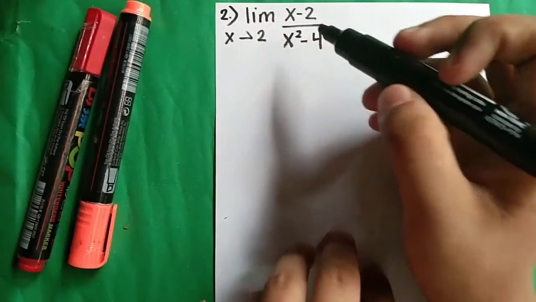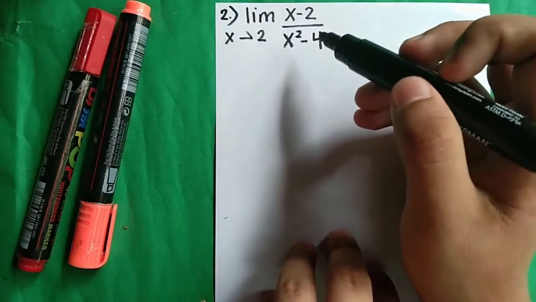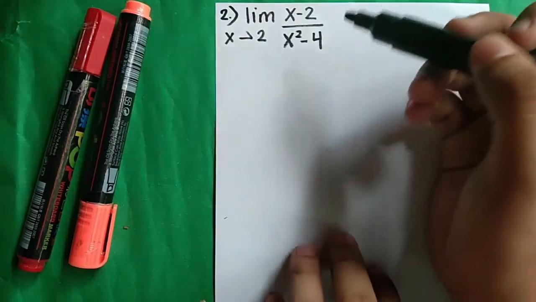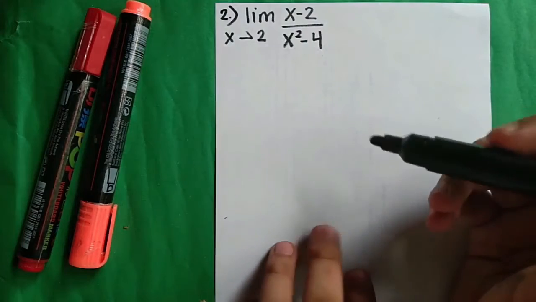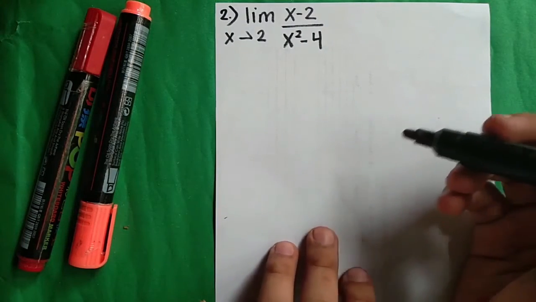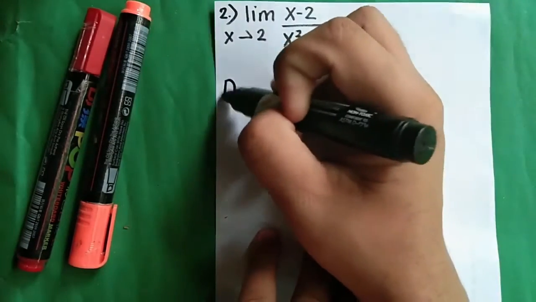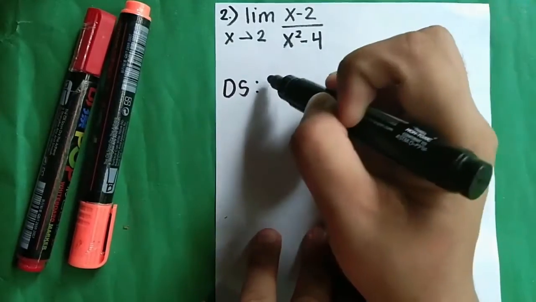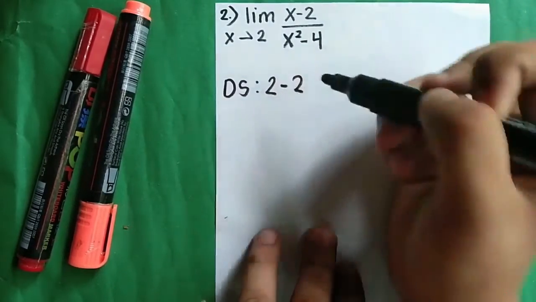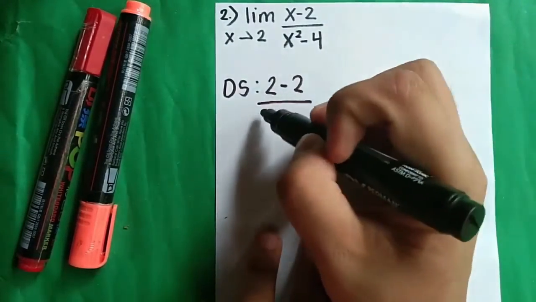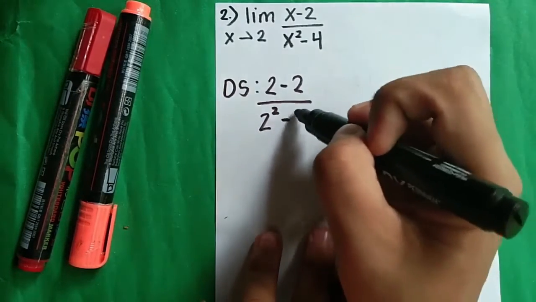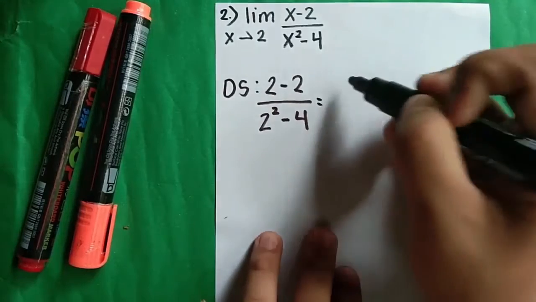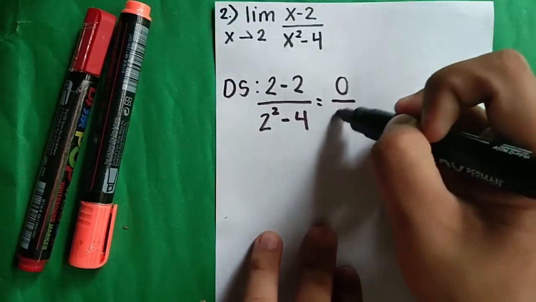For this example, the limit of x minus 2 over x squared minus 4 as x approaches 2. First, we will do a direct substitution of x. 2 minus 2 over 2 squared minus 4 is equal to 0 over 0.